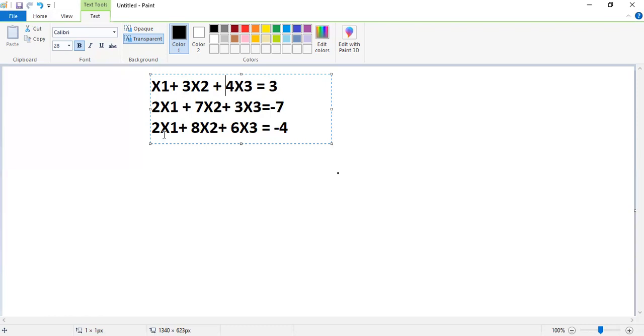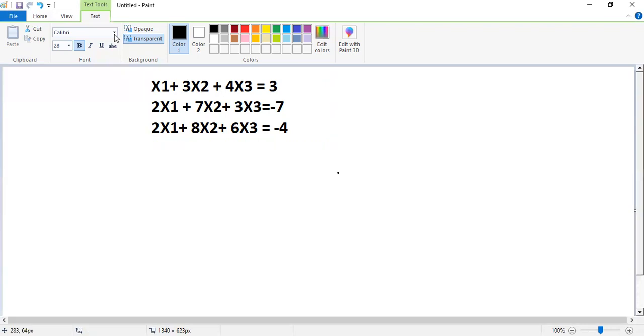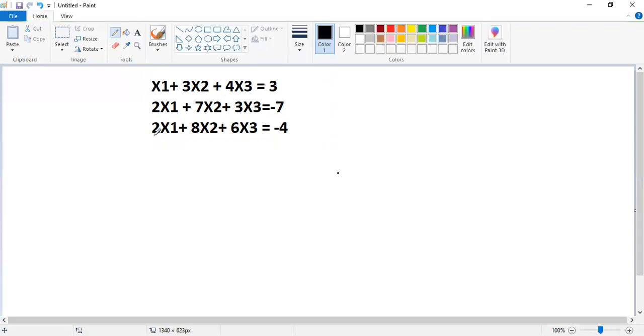So we have been given this question. Using the Gauss-Jordan method, find the unknowns in this question. So the first question you have to ask yourself is, are my equations arranged in such a way that the unknowns are in the same column? From this side, you can see that the x1 are in the same column, right?